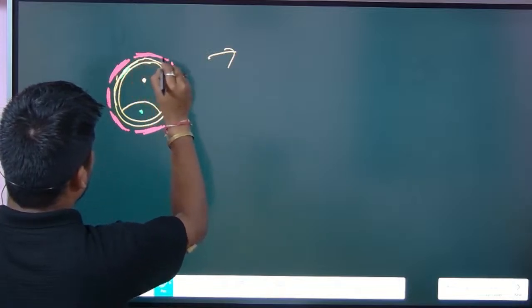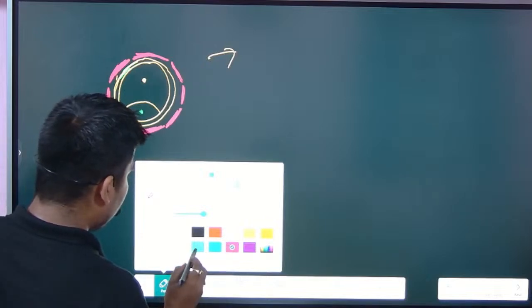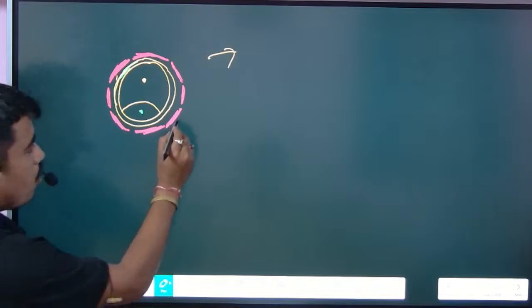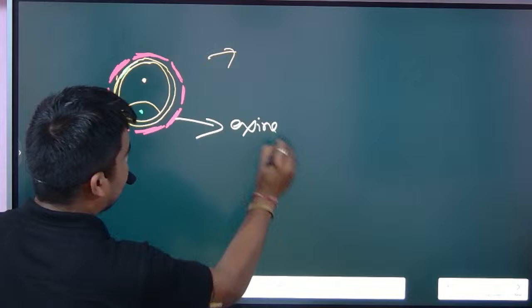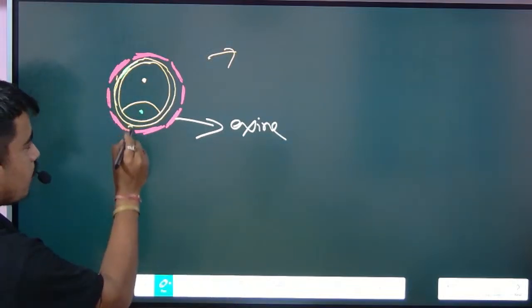The outermost layer is called exine, and the innermost layer is called intine. Okay.